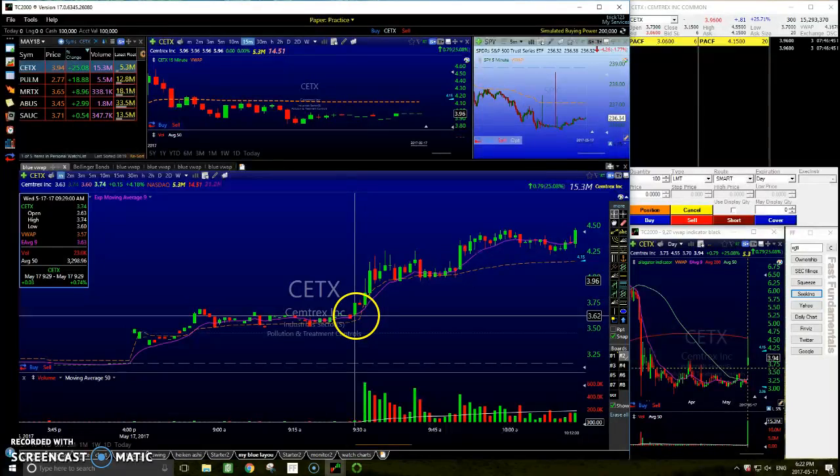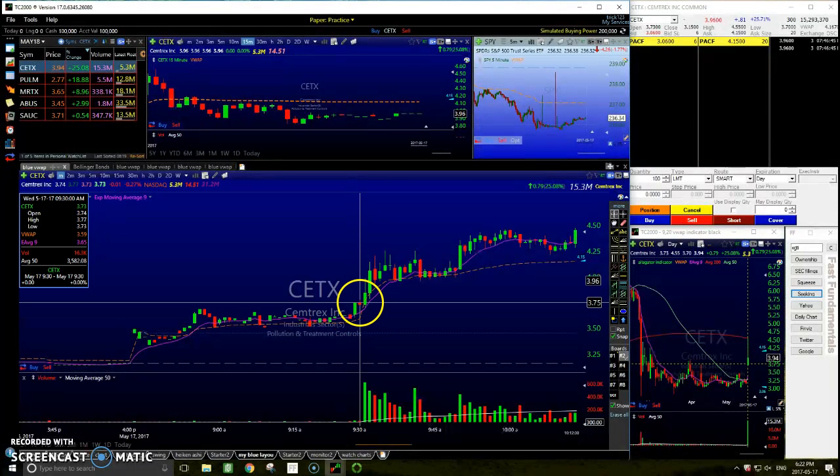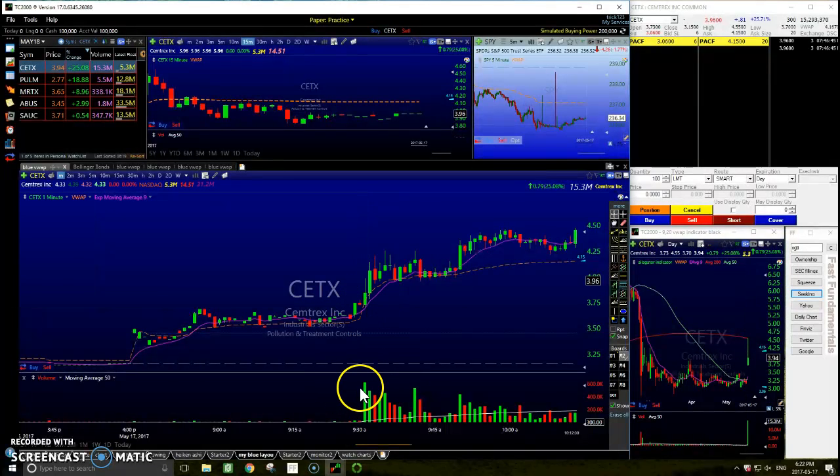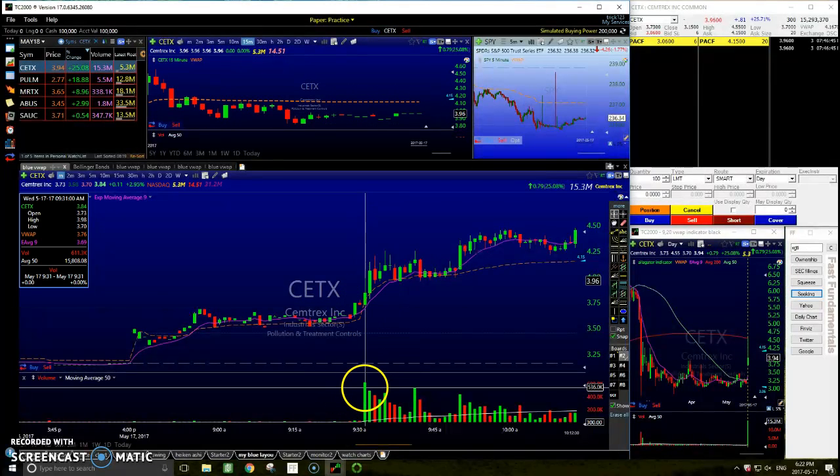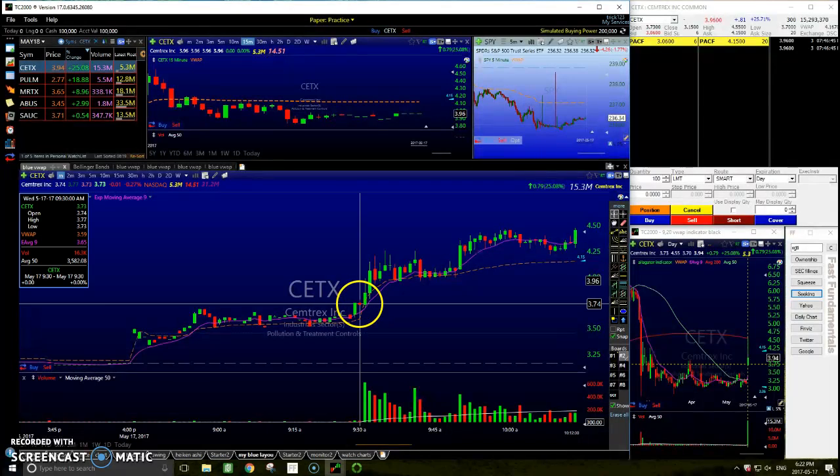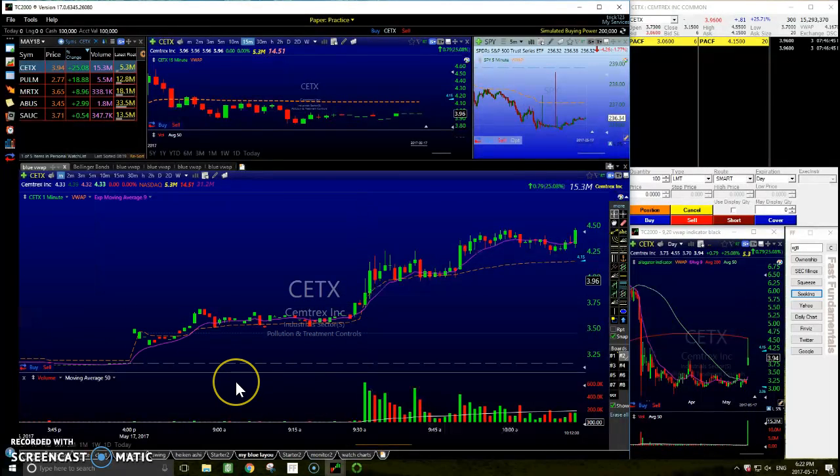Okay. Right here is still pre-market, so you can tell when the volume came in here. This candle here was actually the opening bell.